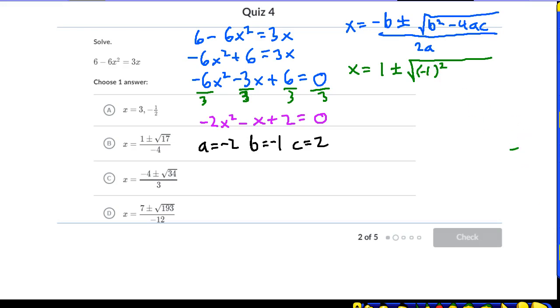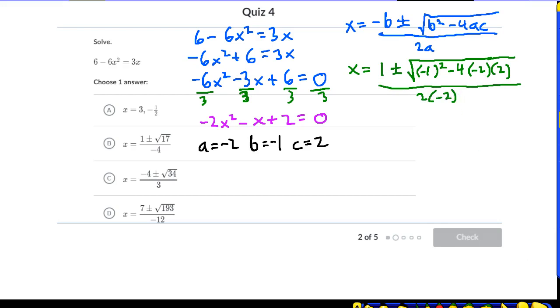Just some tips to try to keep you out of trouble. Then we'll do minus 4 times a, which is negative 2, times c, which is 2. And then all over 2 times a, which is negative 2.